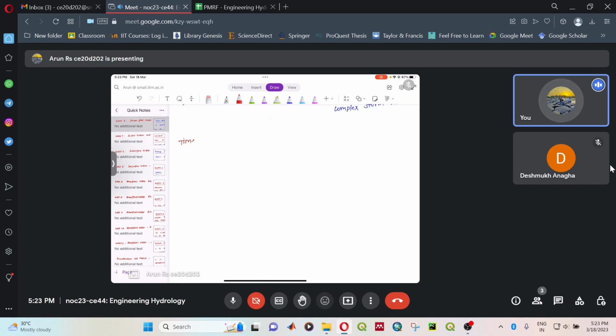So in the question we have the time ordinates given for a 6-hour direct runoff hydrograph. So this goes from 0 to 48 hours, and the corresponding DRH ordinates, in meter cube per second.